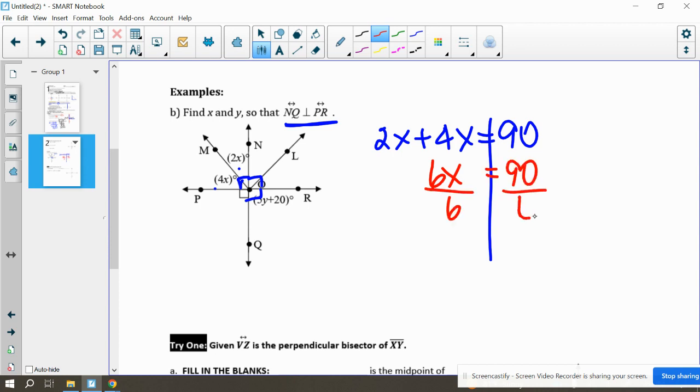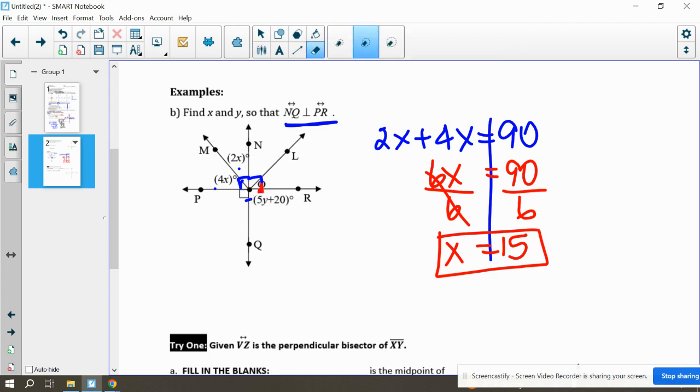And as we divide 90 by 6, we end up getting x to equal 15. Try solving for this value of y, given that this angle QOR is 5y plus 20.